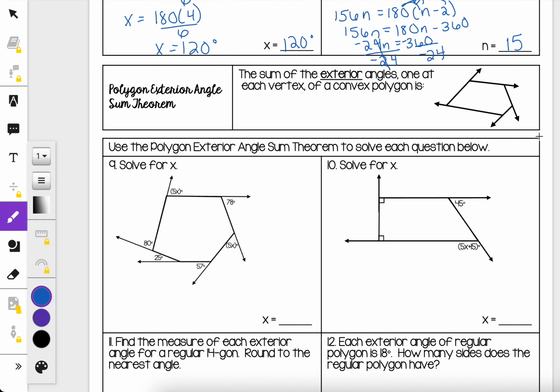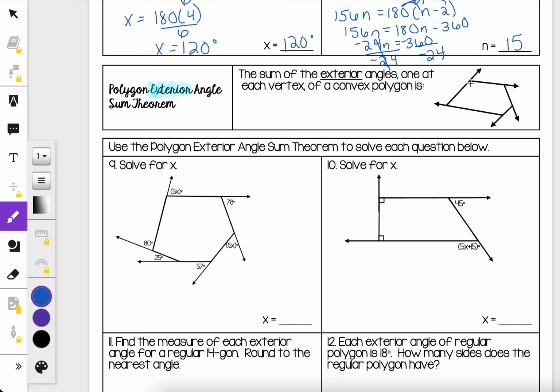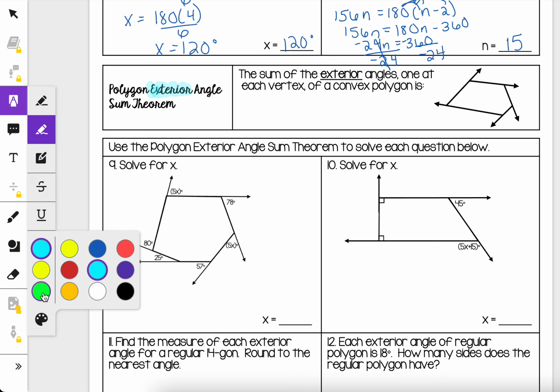Now, the next type of angle we're going to talk about are exterior angles. Again, we've talked about these with triangles, and it's the same idea. If I took a polygon and extended one of the sides in one direction, it forms these exterior angles. These angles here are all of my exterior angles.